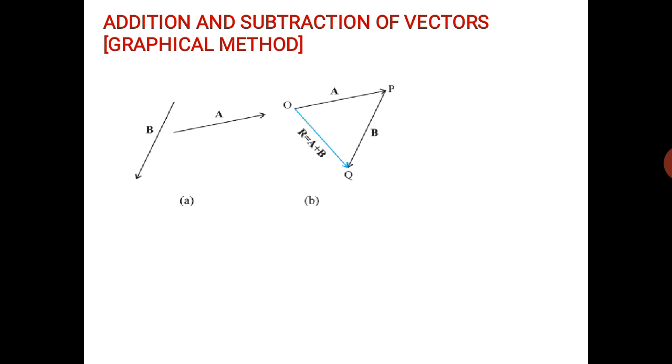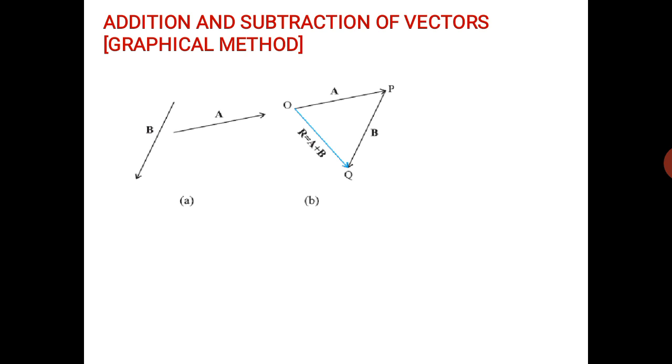Now for the sum of these two, for the first vector the initial point is O, and for the second vector the terminal point is Q. So you have to draw one more line from O to Q, and the line OQ measures the sum of these two vectors.